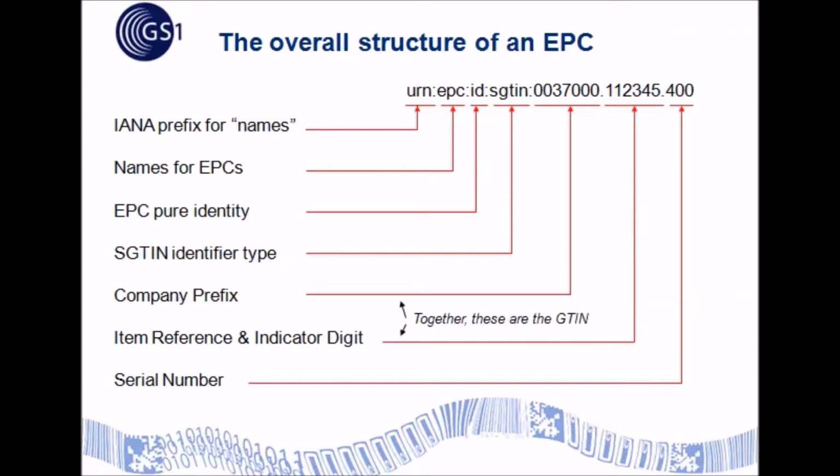It is a fundamental principle of EPCglobal network architecture. We try to assign a unique ID number to the physical object or trade items. Then these trade items with the specific unique ID number can be tracked.